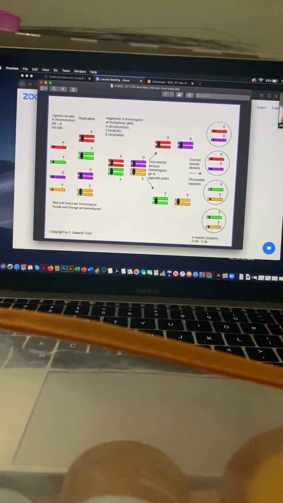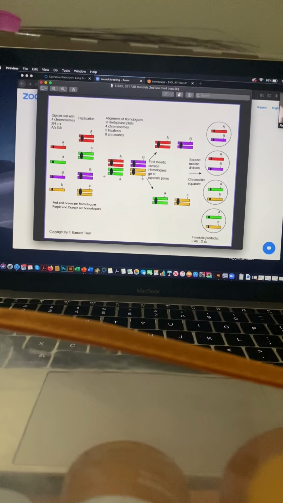The other 2 carry a green and an orange chromosome with little a, little b. So you have 4 meiotic products: 2 big A, big B, and 2 little a, little b.